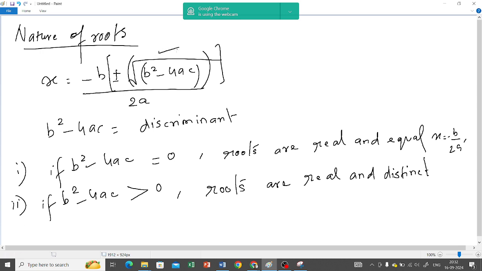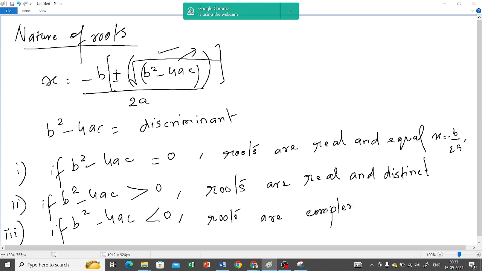Why? Because this portion is greater than 0. So for plus you will get a value, for minus you will get another value. If b square minus 4ac is less than 0, that means this portion is negative, then roots are complex. Okay, understood?